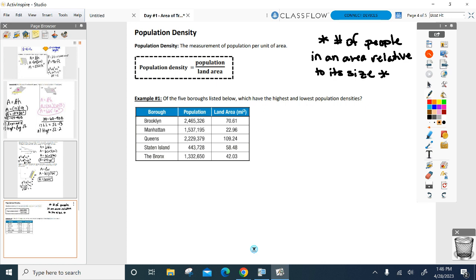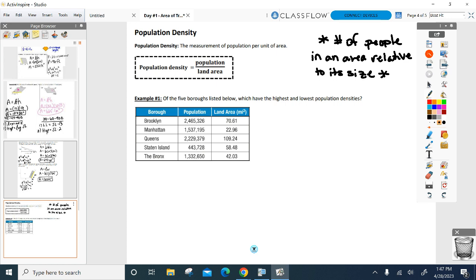So right now in this classroom, we have a certain population density. I'll take there's 28 of us, I think, in here, divided by whatever the area of this classroom is. That'll give us a number. We go outside to the field, that number goes down.